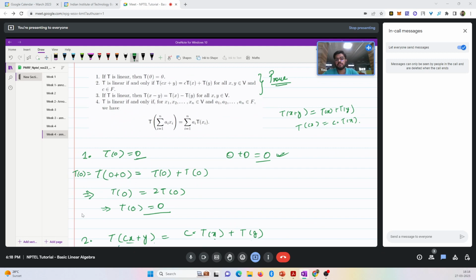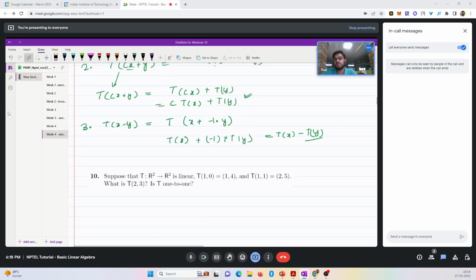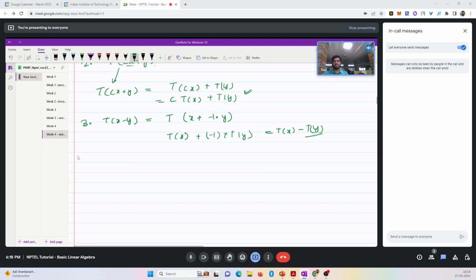Again, this fourth property is also similar. Right now we have written the definition of linear transformation, that T of x plus y is equal to T of x plus T of y. But this definition can be extended to more than two vectors.